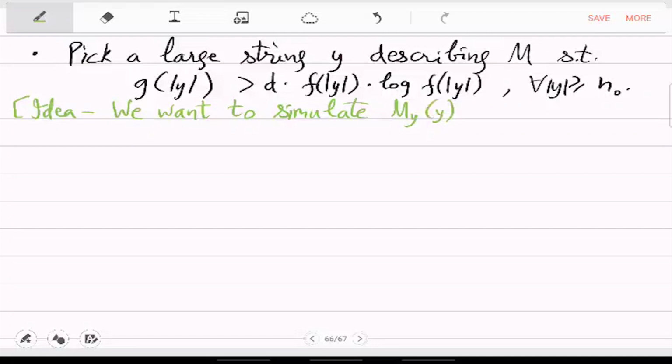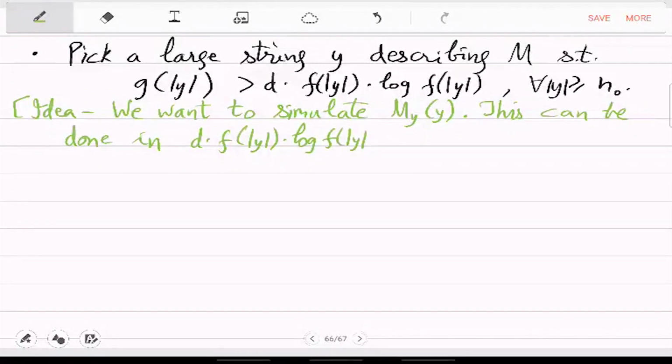This simulation will be done by a universal Turing machine, which will take this much time, d times f times log. So this can be done in d times f(y) log of f(y) for some d.